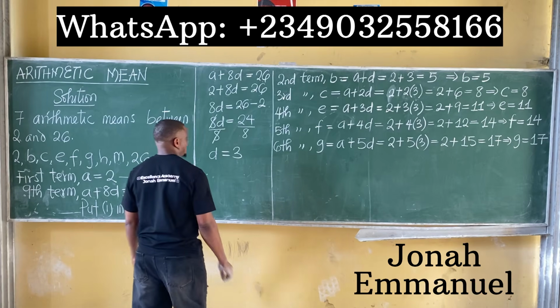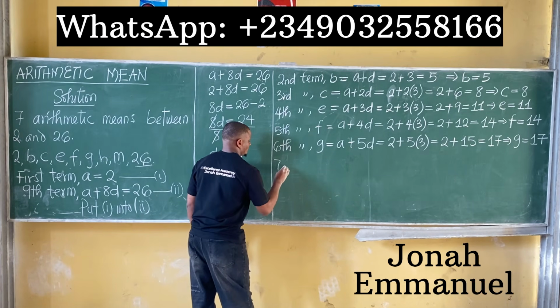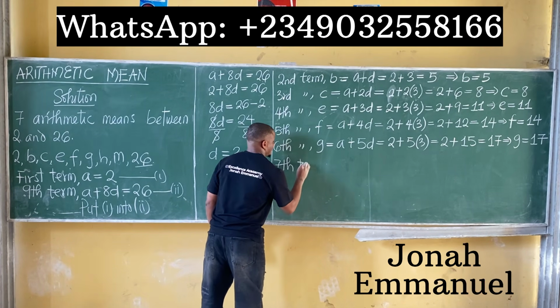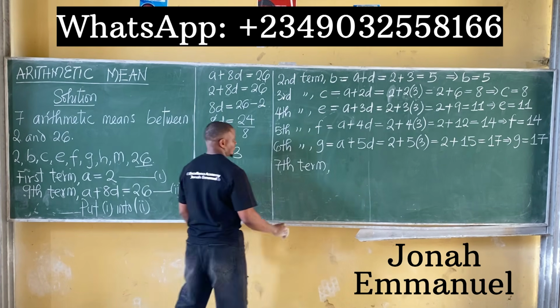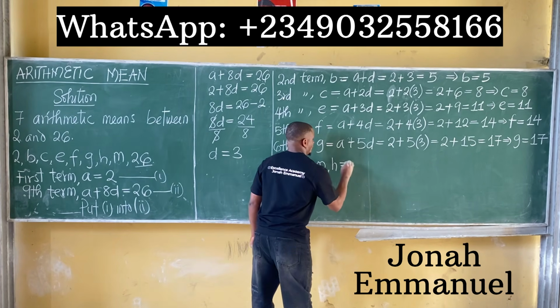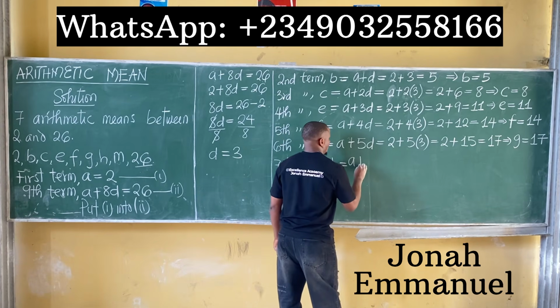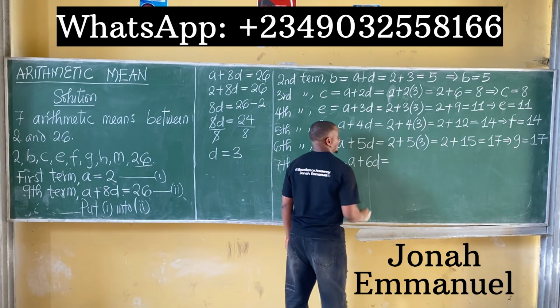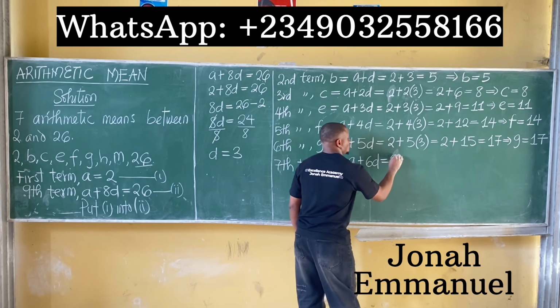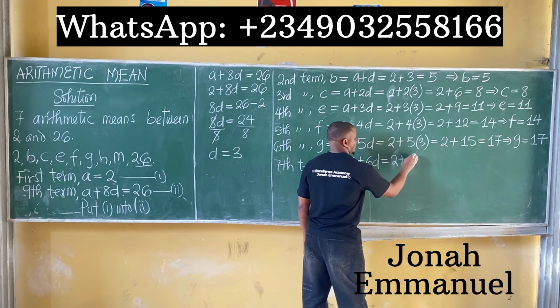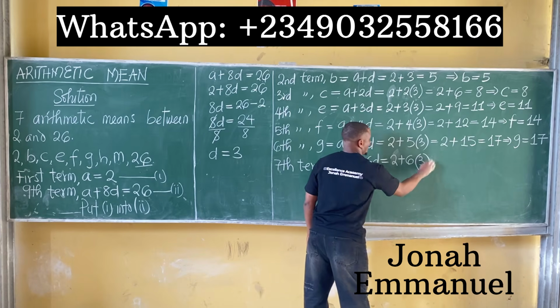Okay. Next up is the seventh term. The seventh term there is H. For the seventh term, you have A plus 6D, and A is 2. So 2 plus 6 times D. D is 3.